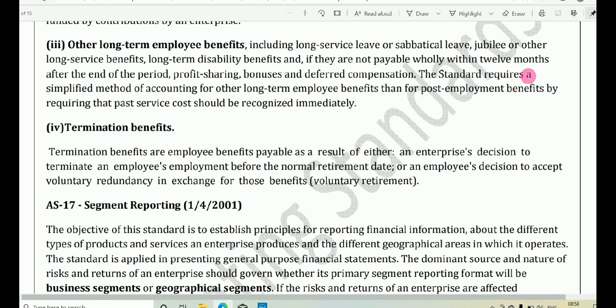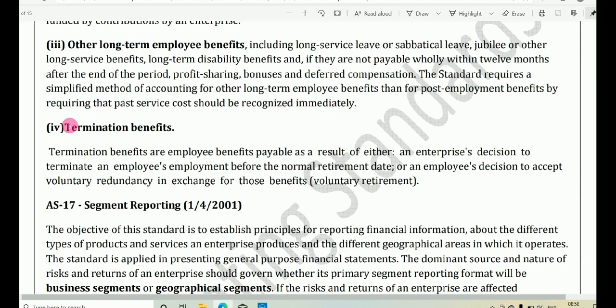The standard requires a simplified method of accounting for other long-term employee benefits than for post-employment benefits, by requiring that past service cost should be recognized immediately.